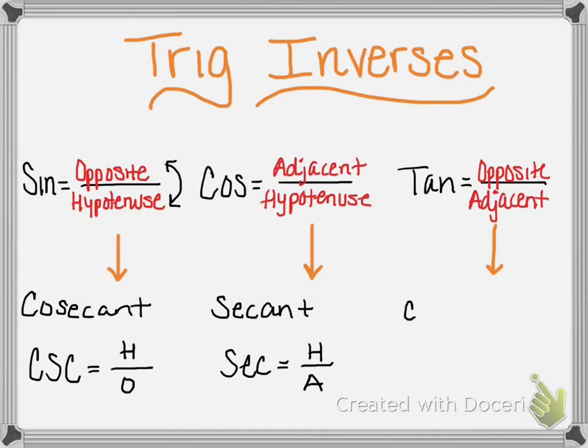Its inverse is called cotangent. And we can abbreviate that as COT. And instead of it being opposite over adjacent, it's now adjacent over opposite. So we're just taking that fraction that we initially had as our original trig ratios, and we're flipping them to find the inverse of that trig ratio.